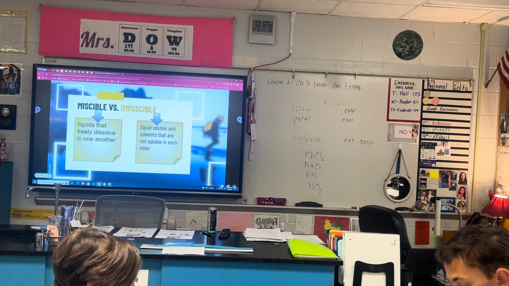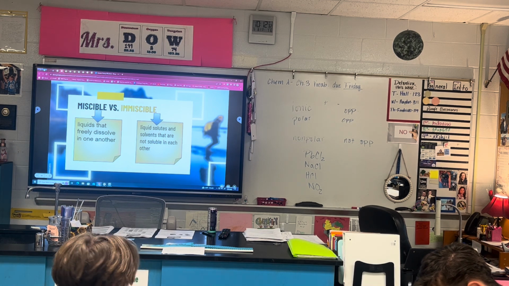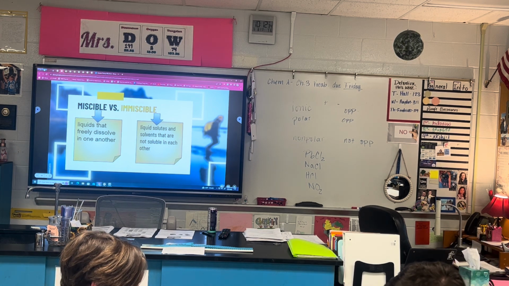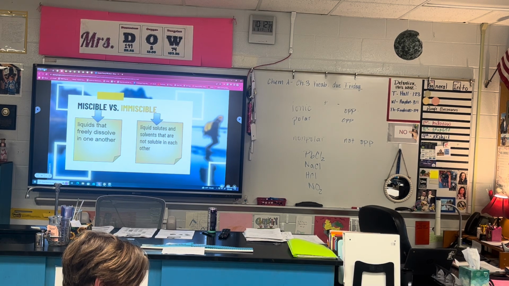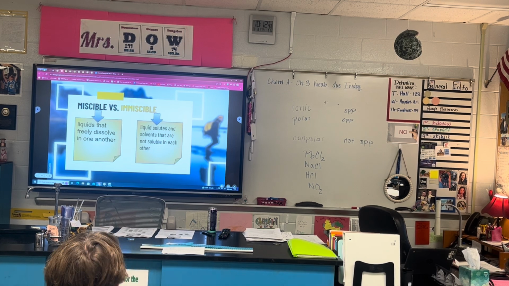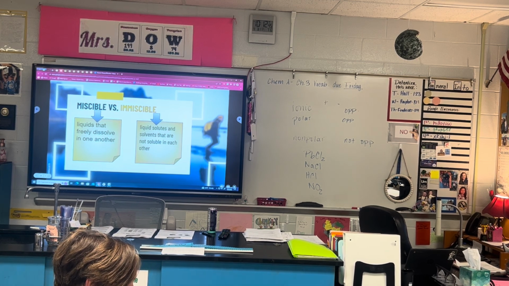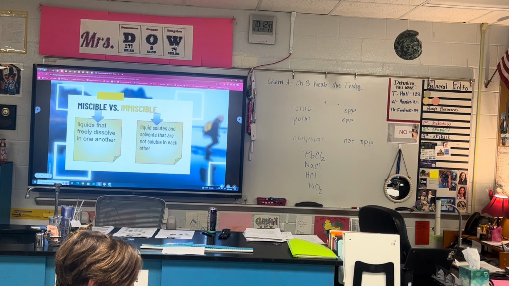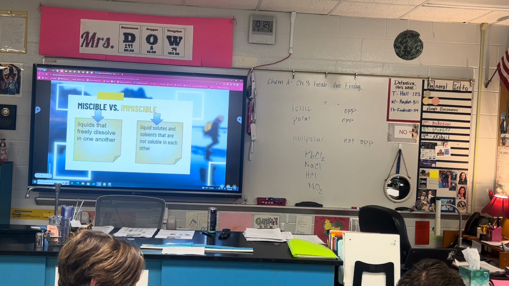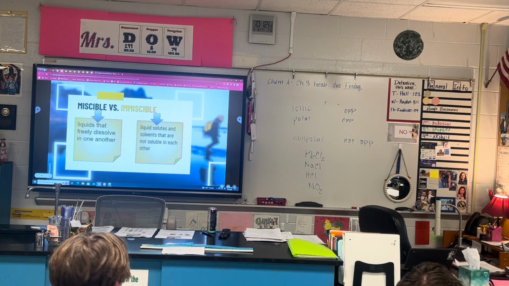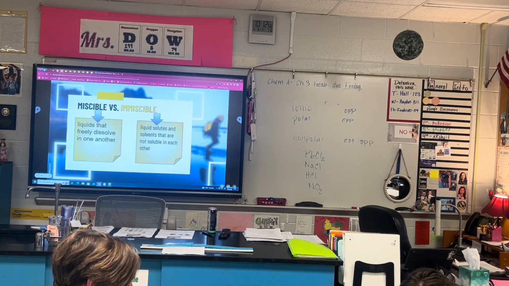Alright, so two new terms, miscible versus immiscible. Miscible just means that they are liquids that freely dissolve in one another. Immiscible is liquid solutes and solvents that are not soluble in each other. So what are two immiscible liquids?